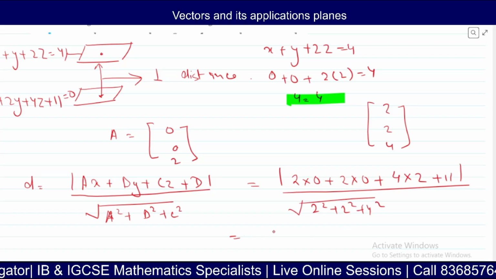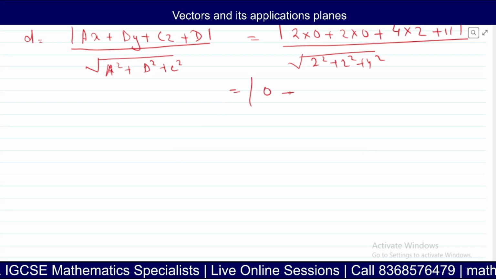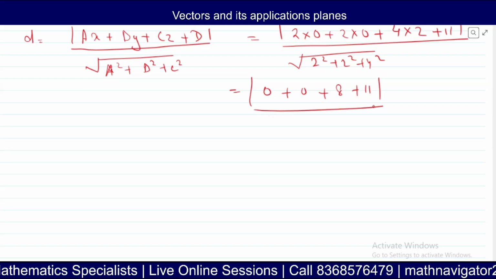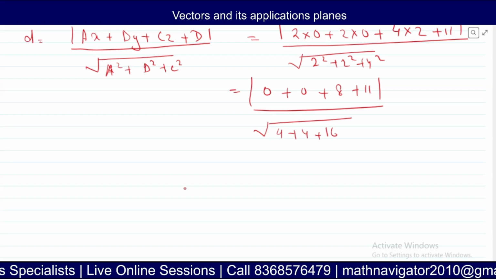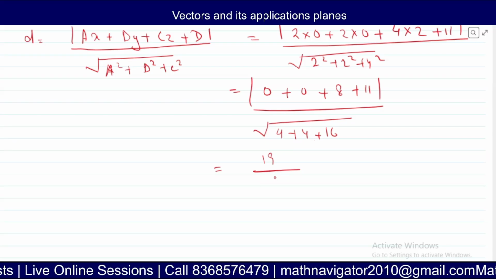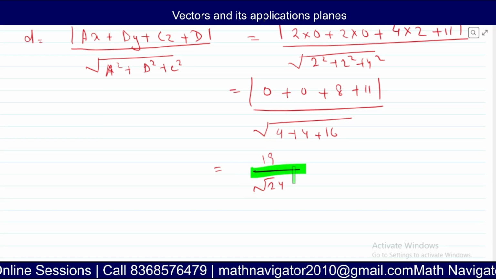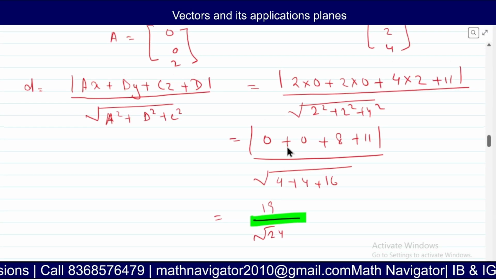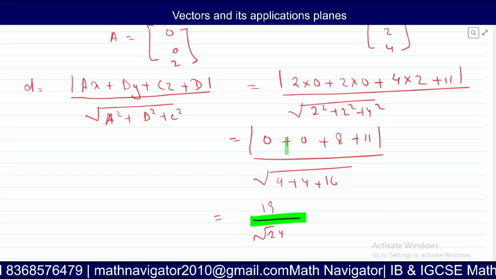So this gives me 0 plus 0 plus 8 plus 11 over under root of 4 plus 4 plus 16, which gives me 19 over under root of 24. So this is my distance. How easy it is, right? This formula is not given in the formula booklet. Got it? So you have to understand it.